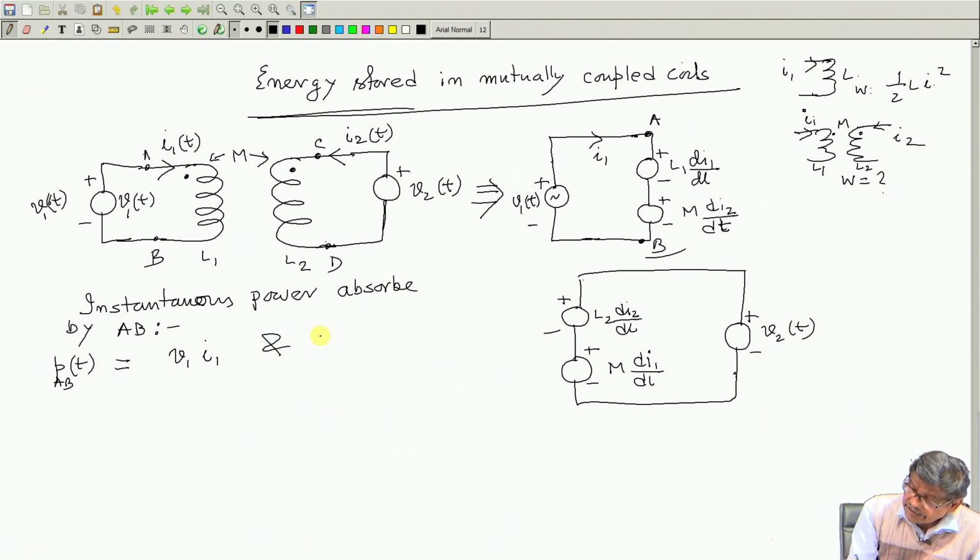And instantaneous power in the same way absorbed by coil CD will be, you see, the voltage between these two points, plus minus, and the current is I2. So, it is absorbing power. So, this will be equal to V2, if you please allow me to write in this way.